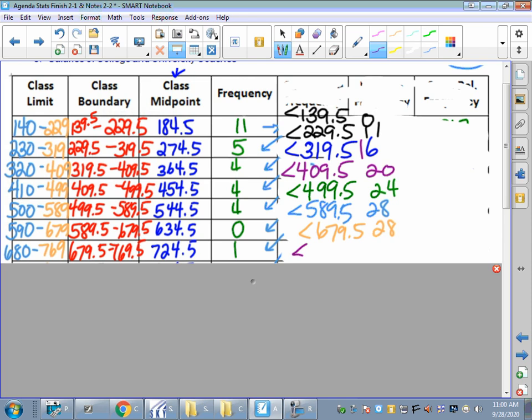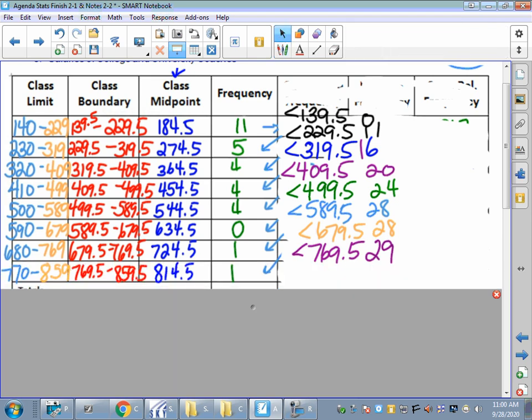How many pieces of data are less than 769.5? 29. We're almost done, guys. How many pieces of data are less than 859.5? 30 pieces of data.